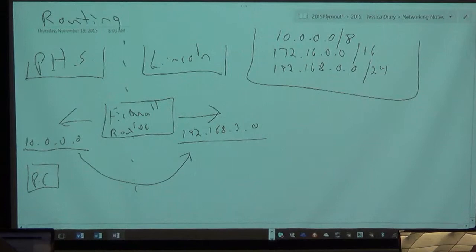If this PC goes to a website or needs to access the files on a PC on this side, or a server or any other device on this side, maybe it's a printer, it's going to form a packet. And that packet, in the context of what we're talking about here, Jordan, is going to have two things that are important.